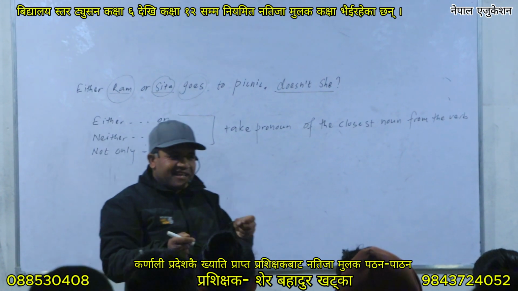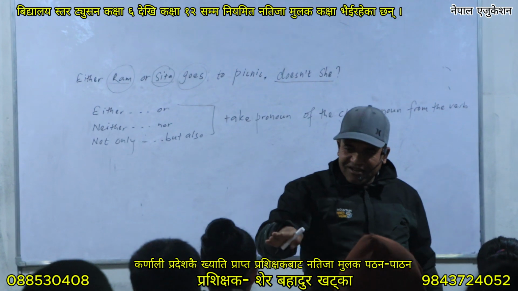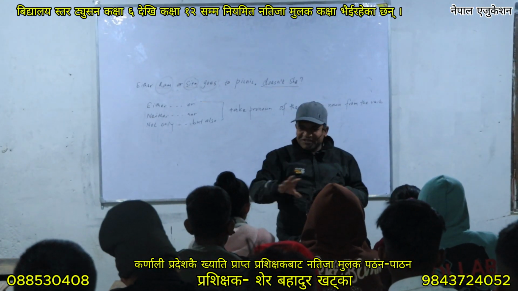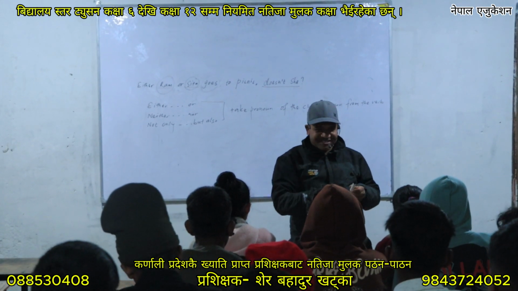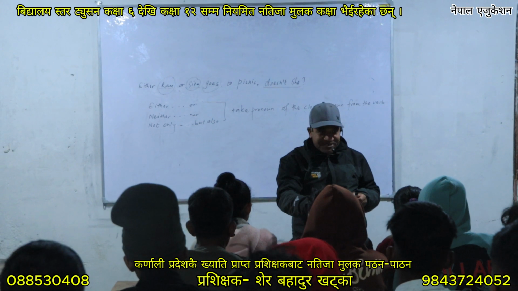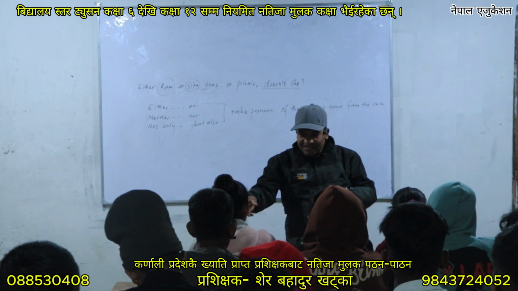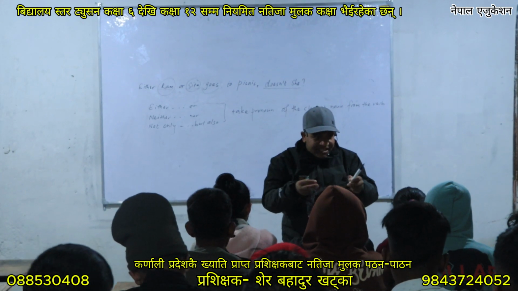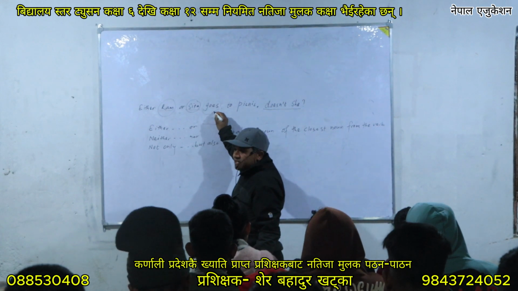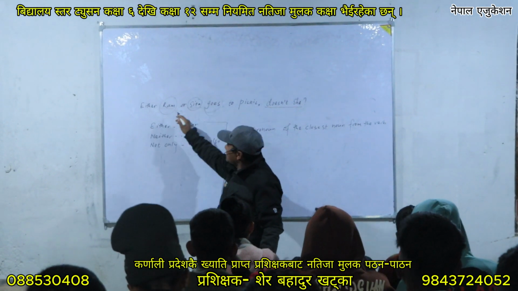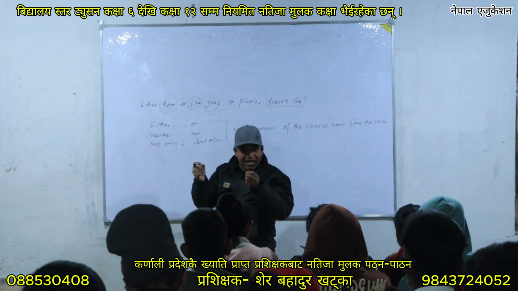Say there are three girls: first, second, third. Suppose she is a verb. There are two nouns. Who is close? She is close. That means the relation is with the closest noun, not the far one. The close noun is what? Sita. Not Ram. Sita is close.